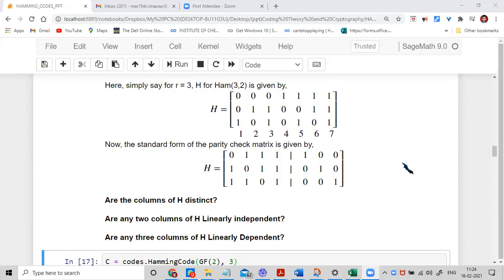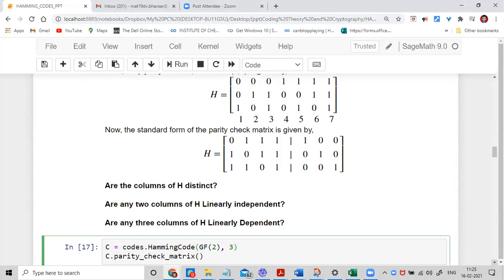Now the third question is whether any three columns of H are linearly dependent or not. There is a difference. You should not ask like that.